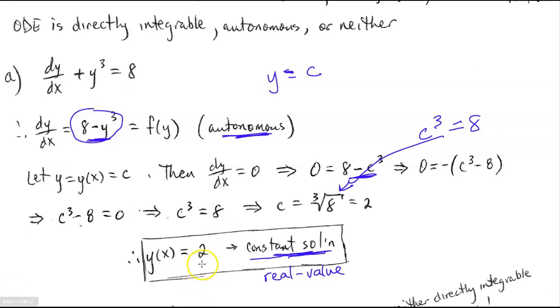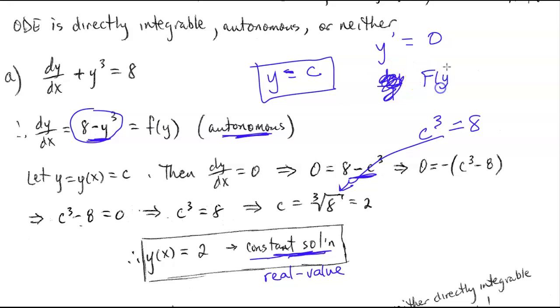And so this would be the only real number that would satisfy this particular equation, so that if I had a constant value, the derivative of that constant value would be 0. And I'll put it like this: the f of y would also end up 0 if I let this value here be c. Okay.